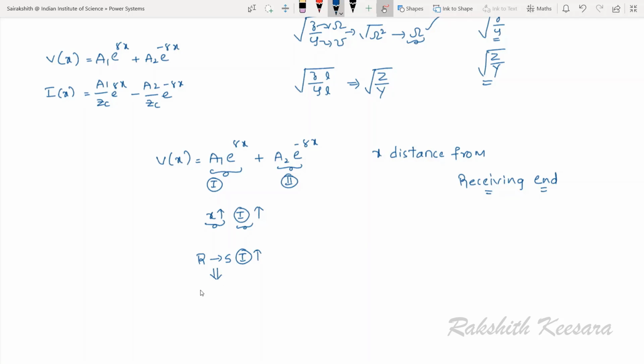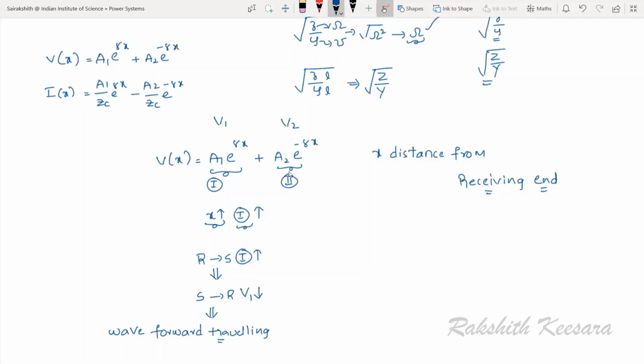I can also tell this as from sending end to receiving end. Wait, let me put this as V1 and V2. From sending end to receiving end, the term V1 decreases. So while moving from sending end to receiving end, there is a decrease in the term V1. From this I can tell that this is a wave which is moving in forward direction, forward traveling wave.